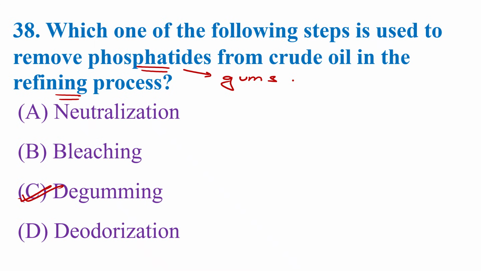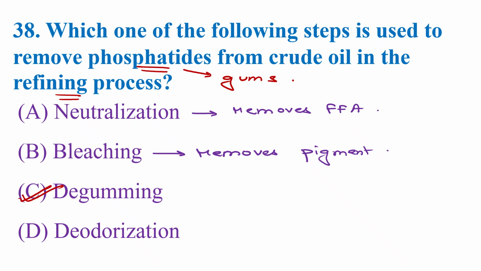Whereas neutralization removes the free fatty acids. Bleaching removes the pigment. Degumming removes the gum or the phosphatides.